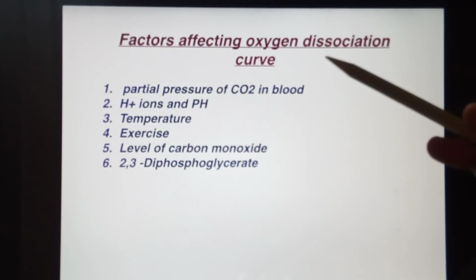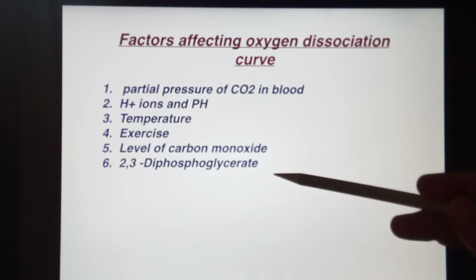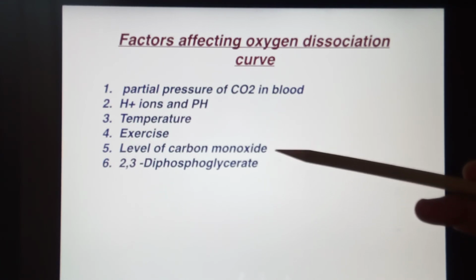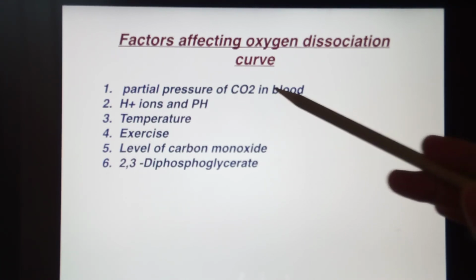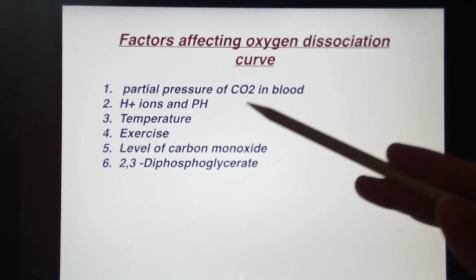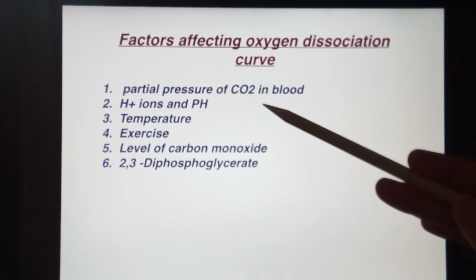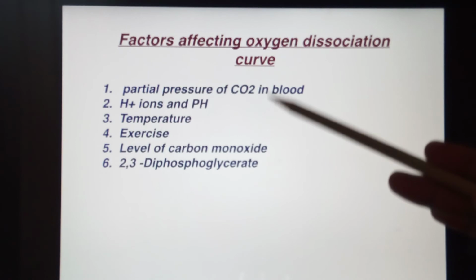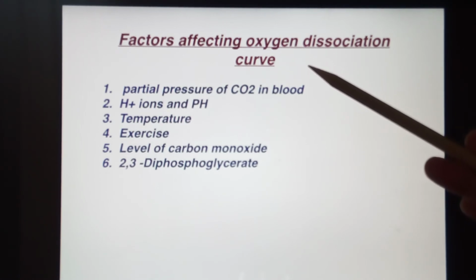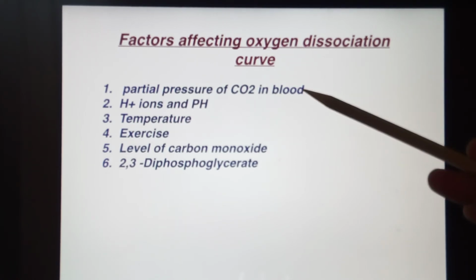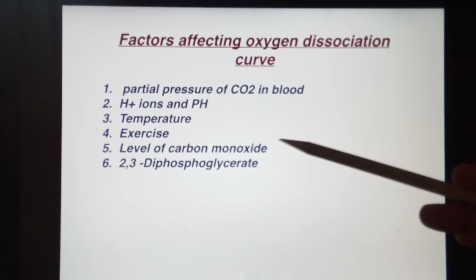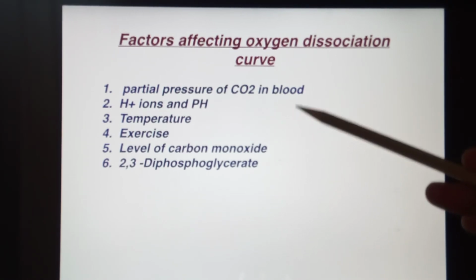Next, the factors affecting the oxygen dissociation curve. There are many factors. First is carbon dioxide, meaning the partial pressure of carbon dioxide in blood. When the carbon dioxide partial pressure increases, the hemoglobin present in the RBC does not bind with oxygen completely; it also binds with carbon dioxide.